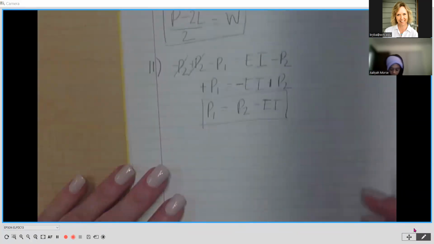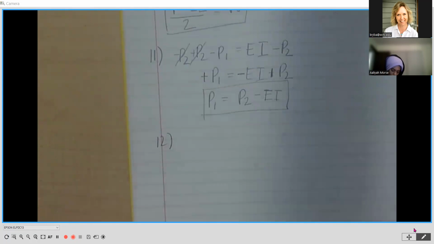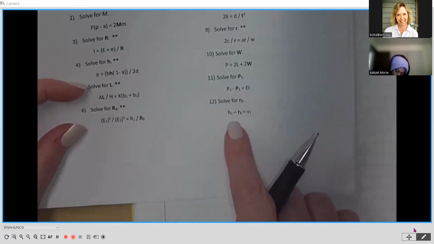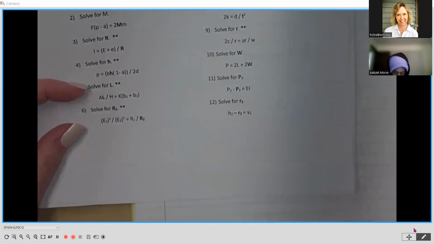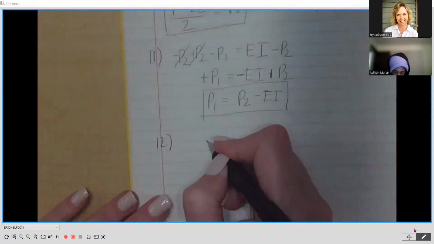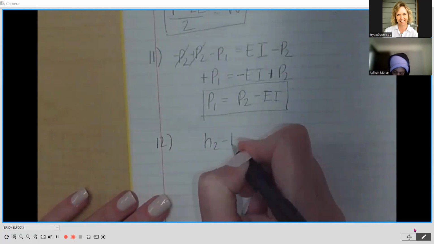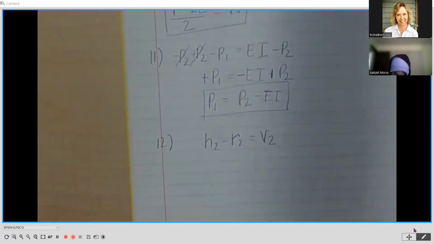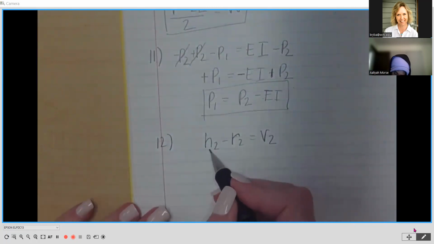And then number 12. Okay, number 12, we're going to be solving for R2. Here we've got H2 minus R2 is equal to V2. Solving for R2 is actually very similar to the last one. We want to get rid of our H2.